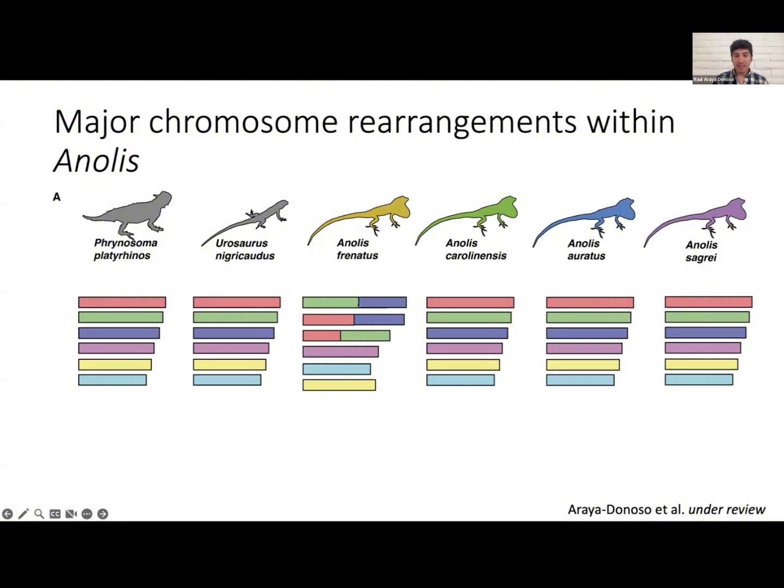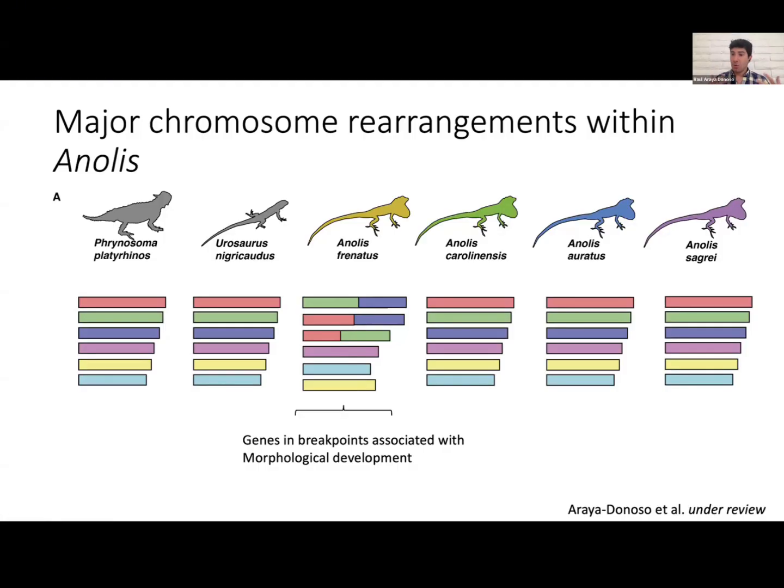Interestingly, we looked at the genes that were located here in the breakpoints between these chromosomes. So this basically means that chromosomes 1, 2, and 3 broke and attached to other chromosomes. So it's like a physical rearrangement of them. So we looked at which genes were located in the breakpoints, and we found genes associated with the development of their morphology.